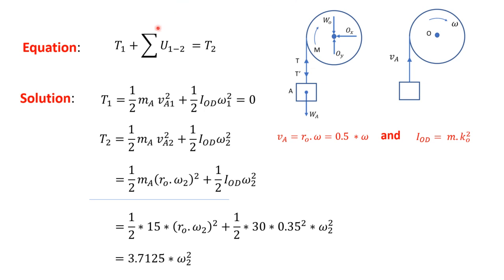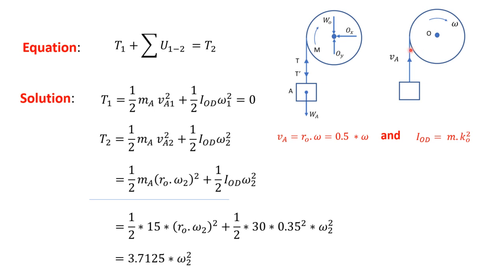Now, what's left is that I found T2 in terms of omega 2. Then I just need to find sigma U1 to 2. Here, both the weight and the moment are going to do work.